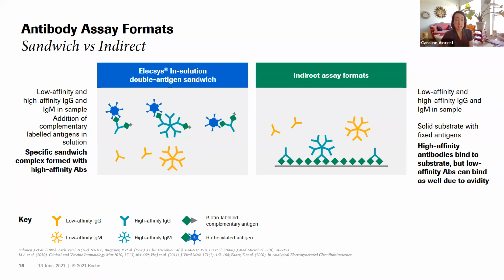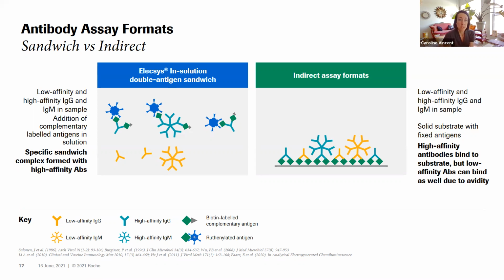In the case of the indirect assay formats, we have high affinity antibodies that will be able to bind the antigens on the solid substrate, but because the antigens are fixed on a solid substrate, we also have low affinity antibodies that will be able to bind to the antigens because basically there's availability of several binding sites, one next to each other.